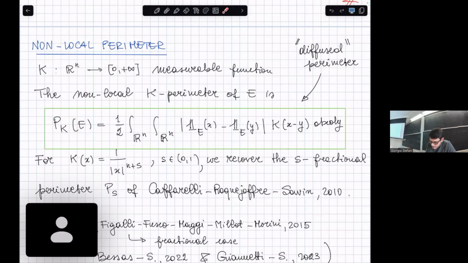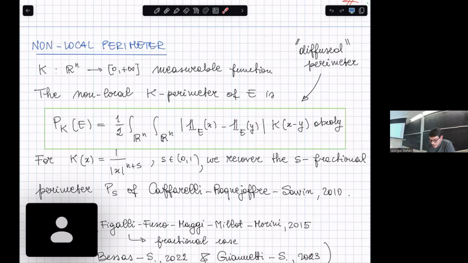Well, you take this double integral here, and what you check is essentially the average with respect to this kernel of the difference between the characteristic of the set at a point and the characteristic of the set at another point. This is a diffuse perimeter, meaning that it depends not only on the points which are inside the set, but also on the points which are outside the set, and even very far away, for example, in the case in which this kernel is not compactly supported.